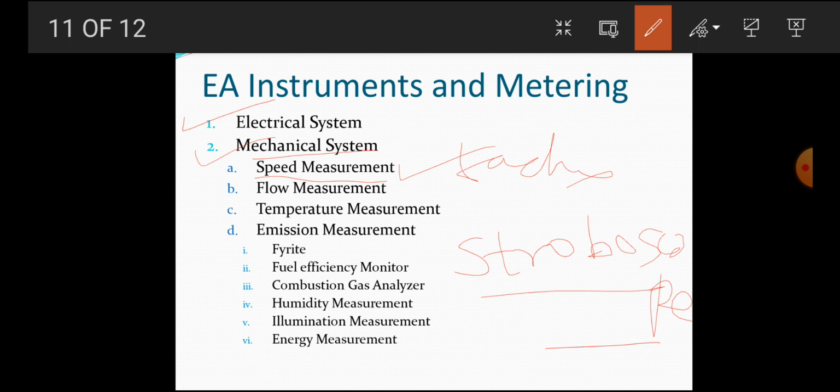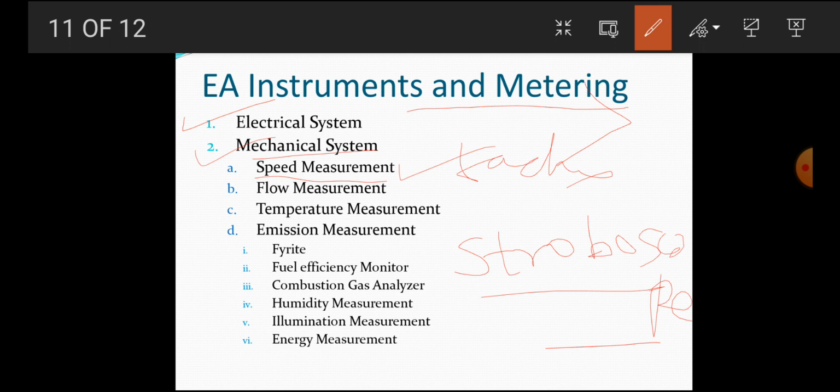A stroboscope light source provides a high intensity flash of light on the rotating element. When the light is made to fall on an object with periodic motion, it appears that the motion is slowed down or stopped when both the frequencies bear a definite relationship.